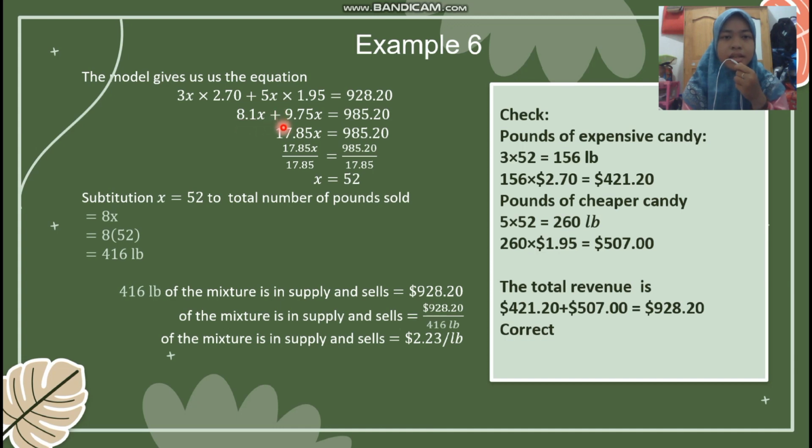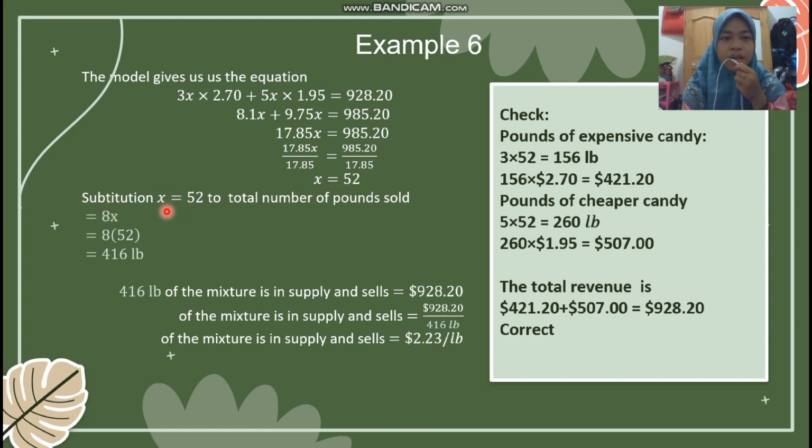8.1x plus 9.75x equals 985.20, and will be 17.85x equals 985.20, and on the left and right side we can divide by 17.85, and will be x is 52.